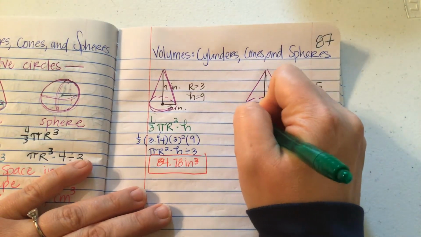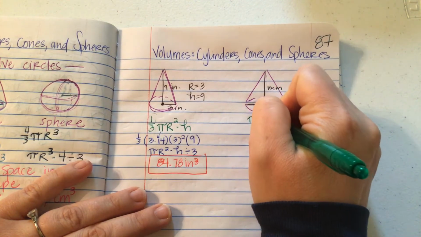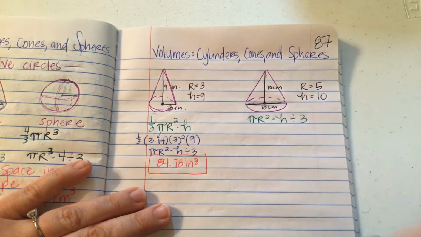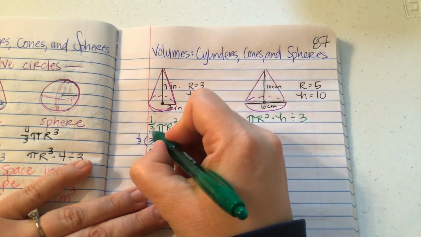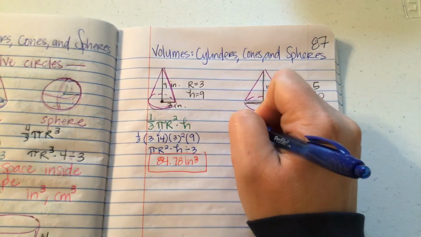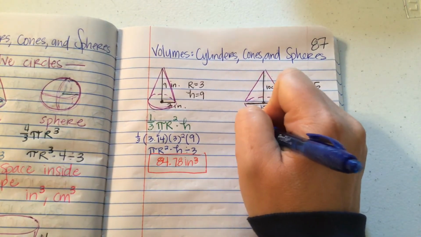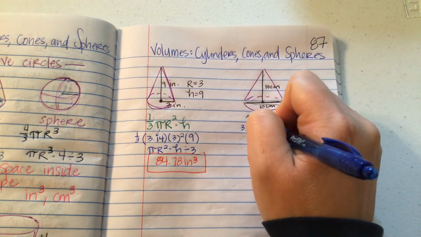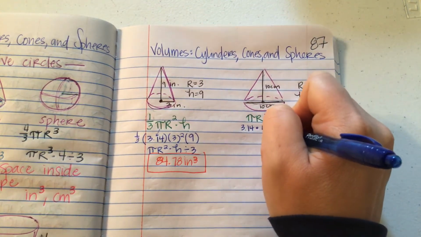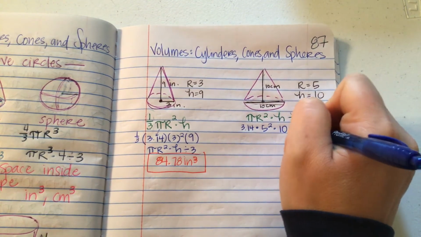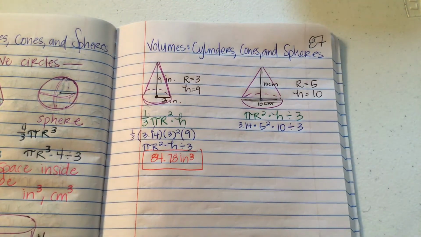And I'm going to do pi r squared times height divided by 3. You could multiply by 1/3 if you would like. So that turns into pi, 3.14, times the radius, 5 squared, times the height, which is 10, divided by 3, or times 1/3.